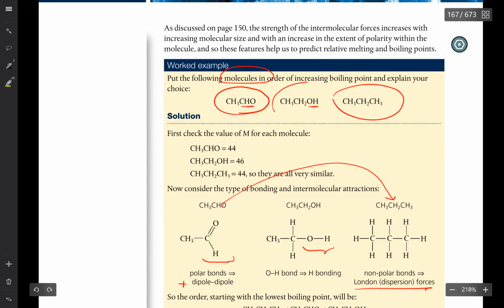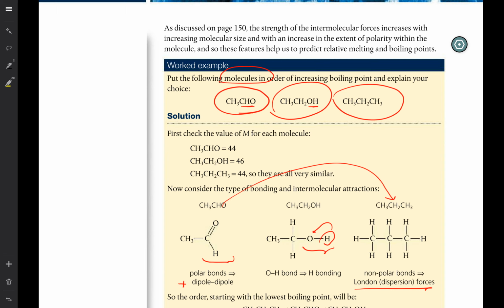And the alcohol, as you can see here, the hydrogen is connected to the oxygen. So when hydrogen is connected to the electronegative atom oxygen, there is hydrogen bonding between the molecules. So this compound not only has London dispersion forces, but it also has dipole-dipole attraction because the molecule is polar, and it has hydrogen bonding because the hydrogen is connected to the oxygen.